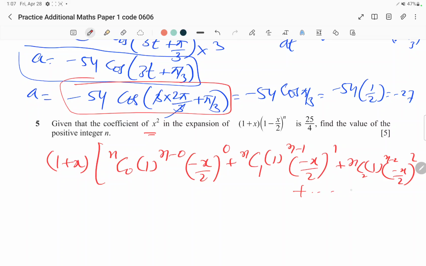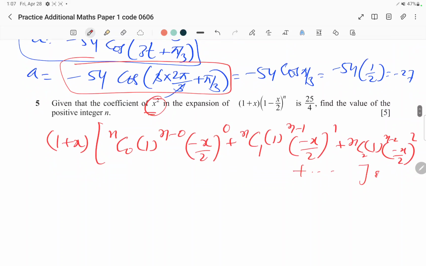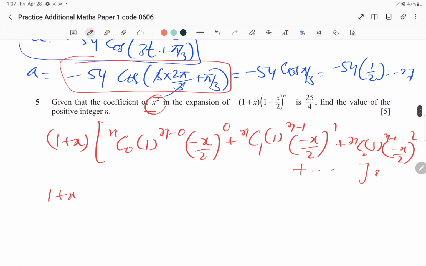and then you should not expand. Why? Because your question is based on only x square. So no need to write x cube, x to the power 4, just you can write dot dot dot, and they will continue. Okay, just so they can understand, you want to write some more terms, that's it. And this is not given. So this is 1 plus x.